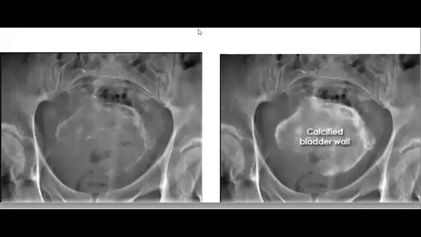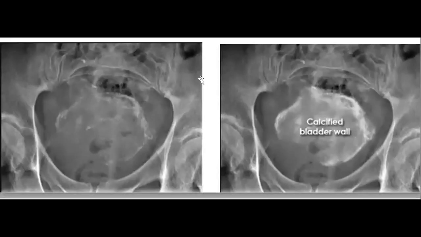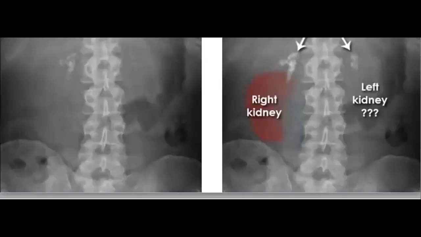Bladder wall calcification can also occur, but it's an uncommon finding. And then the discussion with you will be about the possible causes of bladder wall calcification, like infection, yes, schistosomiasis, schistosoma, and infection, neoplasm, or drug-related neoplasm.